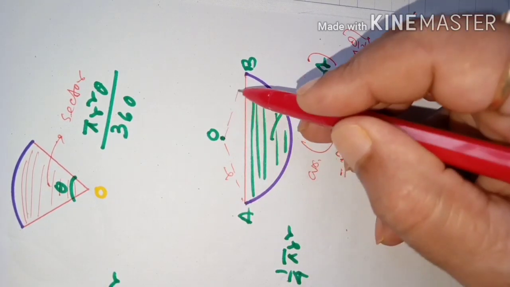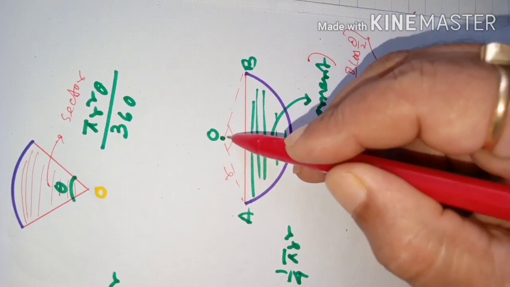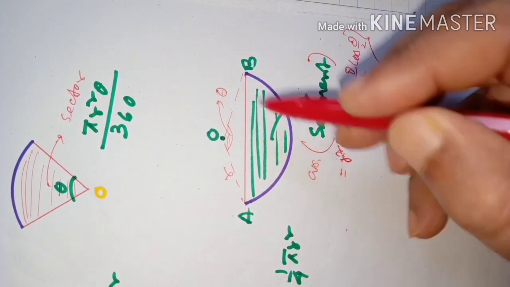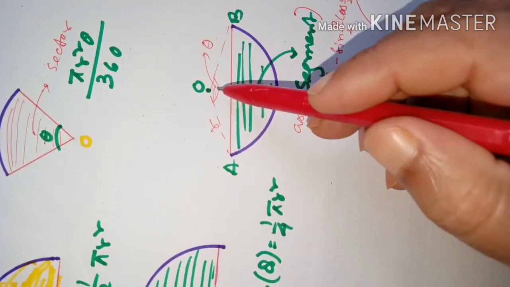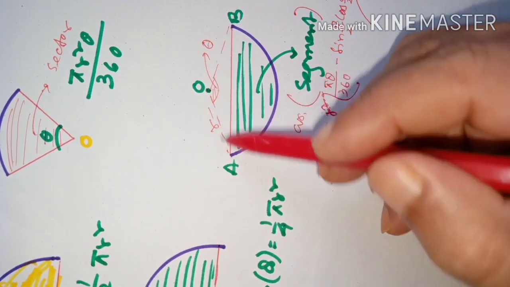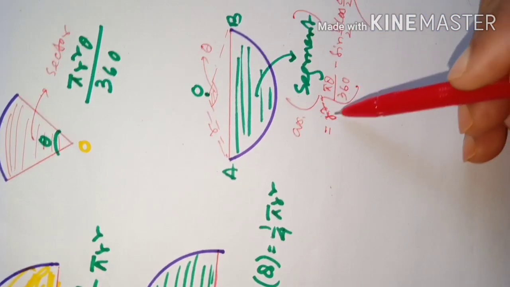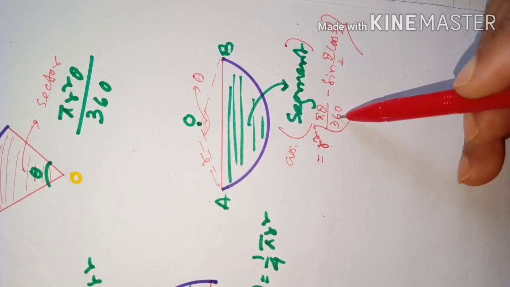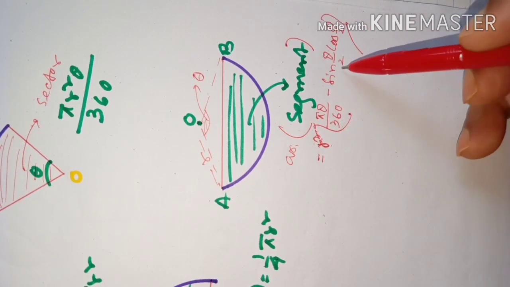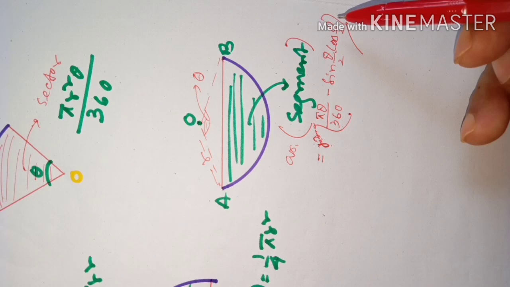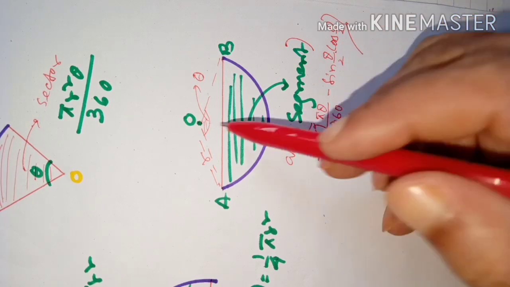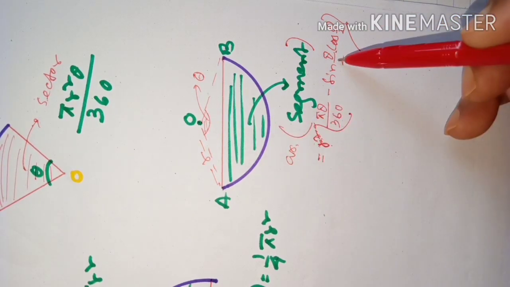The angle that will be formed at the center, that will be theta. This angle theta. This is r, the radius of the circle. So that value will be equal to r square times pi theta by 360 minus sine theta by 2 into cos theta by 2. Theta by 2 means whatever this angle, its half will be taken here.